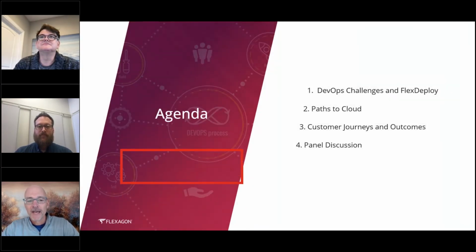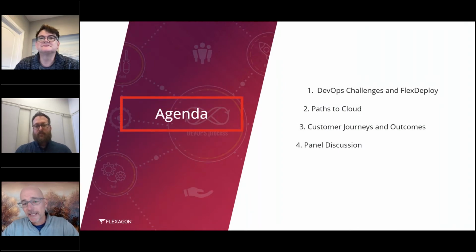We've got a neat little agenda here. I'm going to kick things off. We're going to talk a little bit about the DevOps challenges and some things that we've seen in the industry and some survey results, and then talk a little bit about the paths to the cloud. So a lot of different ways to get to the cloud, and we're going to describe 4 of them, of which HNI and Avery Dennison will discuss 2 of those paths.